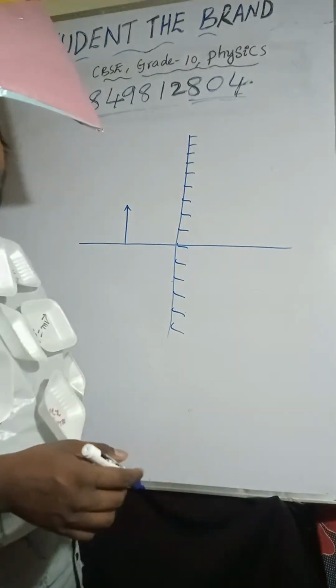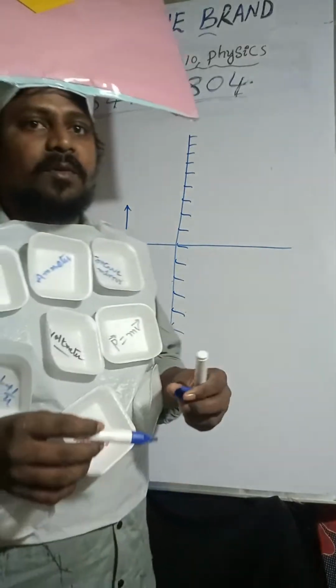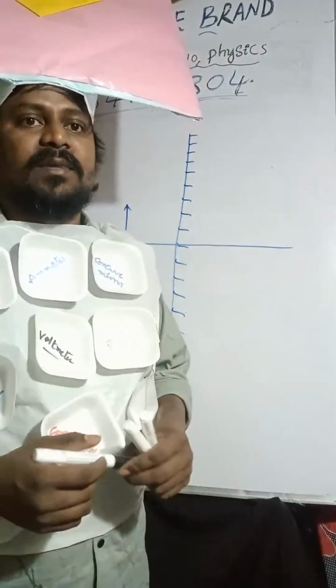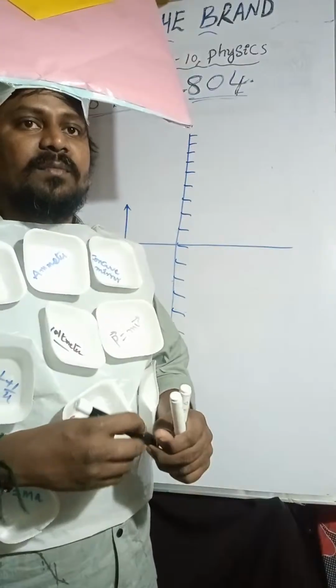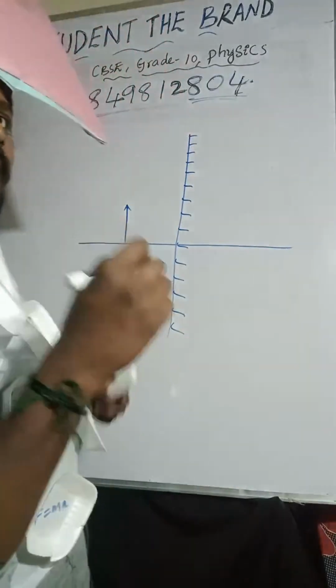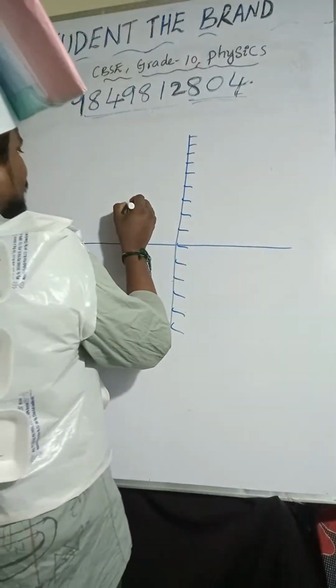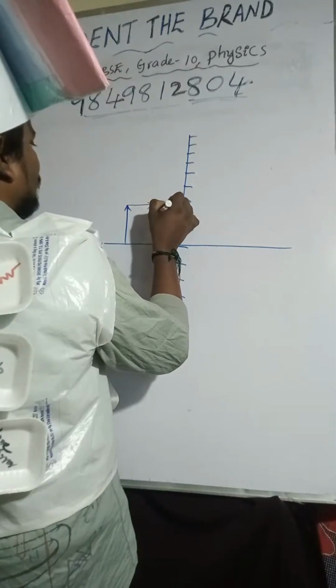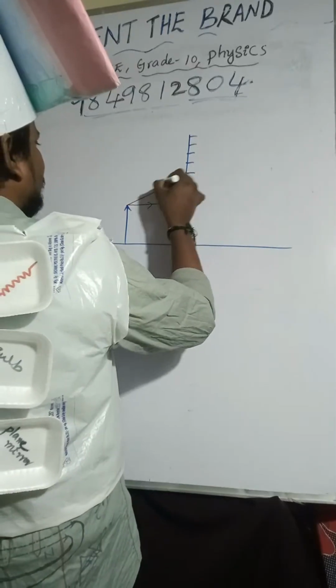How many light rays are required to form the image of the object? Minimum 2 light rays are required. So I am taking 2 light rays. One light ray I am taking like this, and another light ray like this.